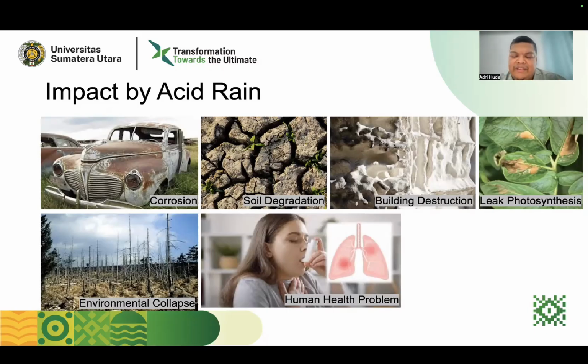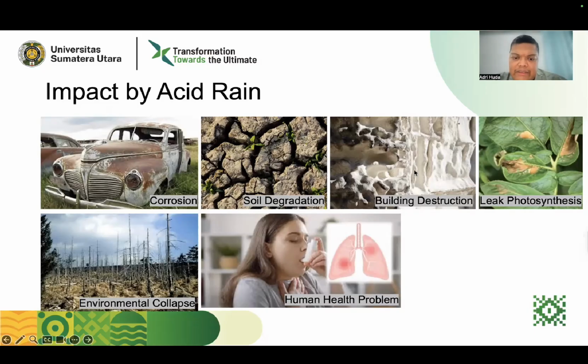That's why, when we got rain in the first 5 minutes of the raining session, parents always said, okay, don't shower in the rain because it's acid rain and can make you dizzy, and if you got the rain, just try to wash your head as soon as possible. That's also one of the side effects of the acid rain for human impact.